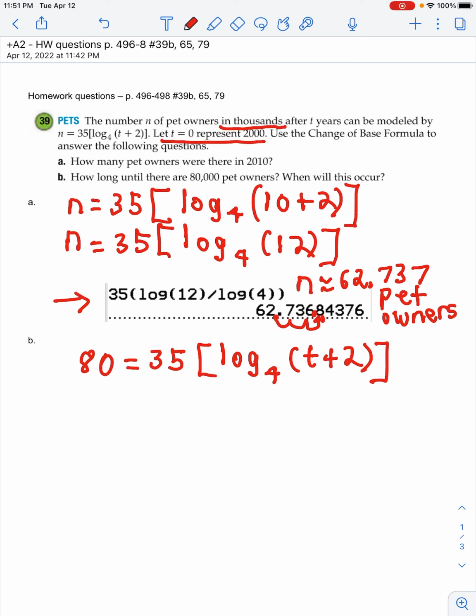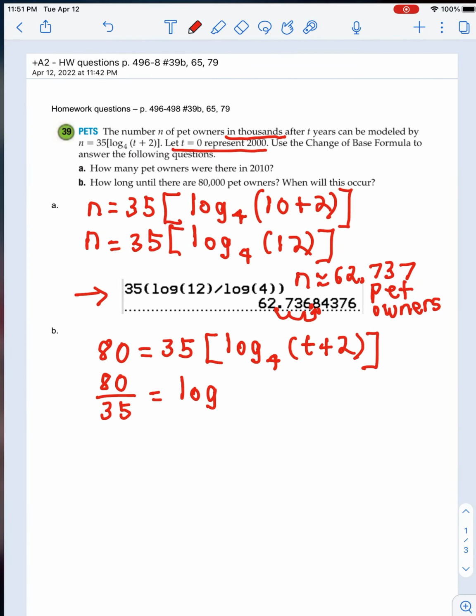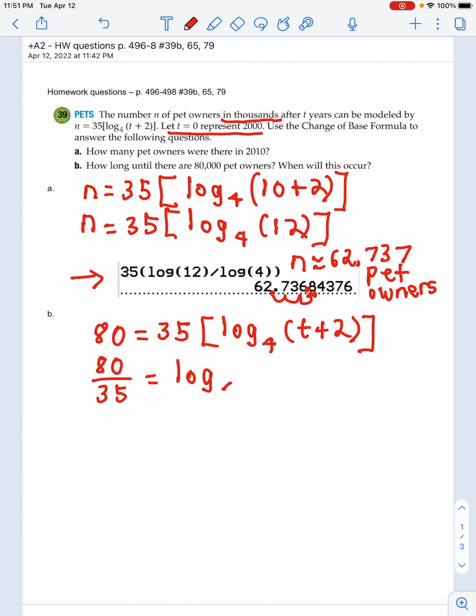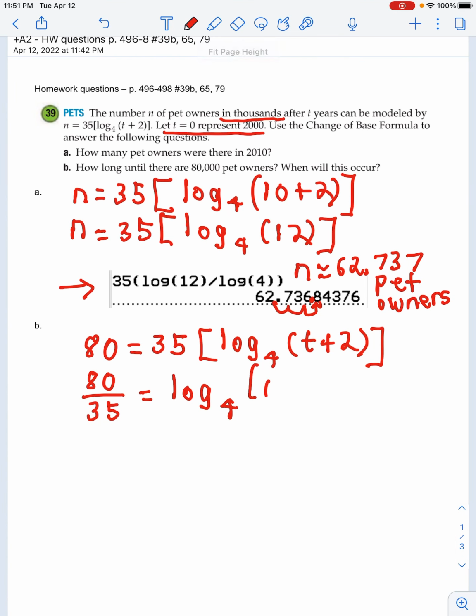And so how am I going to solve that equation for t? Well, the first thing I'm going to do is divide both sides by 35. That's going to give me 80 over 35, which I will leave in exact form, equal to log base 4 of the quantity t plus 2.